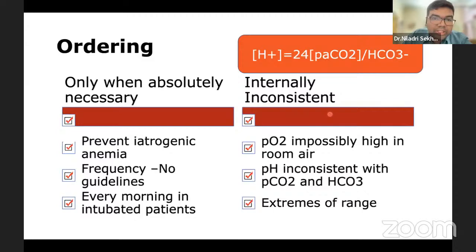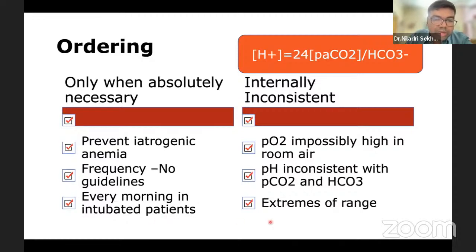But mostly in intensive care settings, blood gas is done mainly to see the ventilation and the oxygenation. Ventilation is assessed by the CO2 and oxygenation by the PO2. When should you do a blood gas in an intubated patient? There is actually no clear-cut answer. It depends upon the setup where you are working and how the patient is. Usually, in an intubated patient, we want to do a blood gas at least in the early morning.